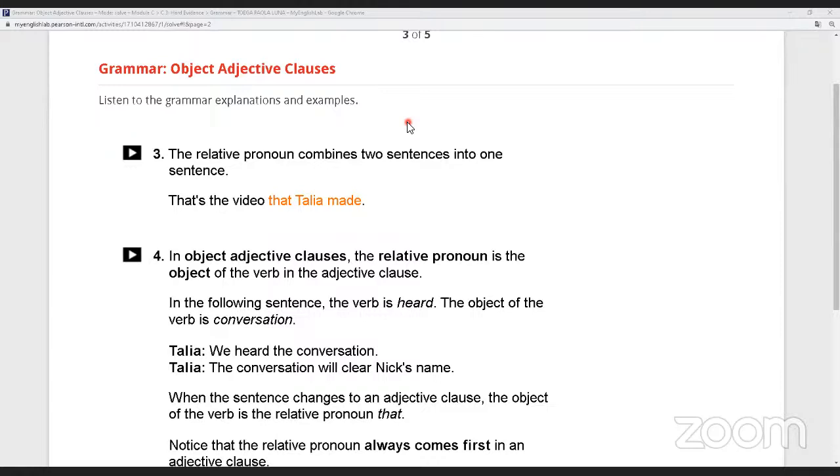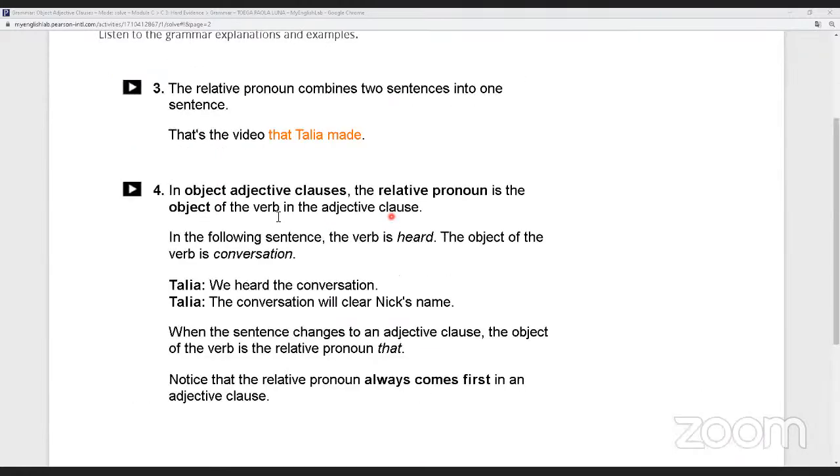Okay, cool. Now we're going to continue with the fourth point. In object-adjective clauses, the relative pronoun is the object of the verb in the adjective clause. In the following sentence, the verb is heard. The object of the verb is conversation.